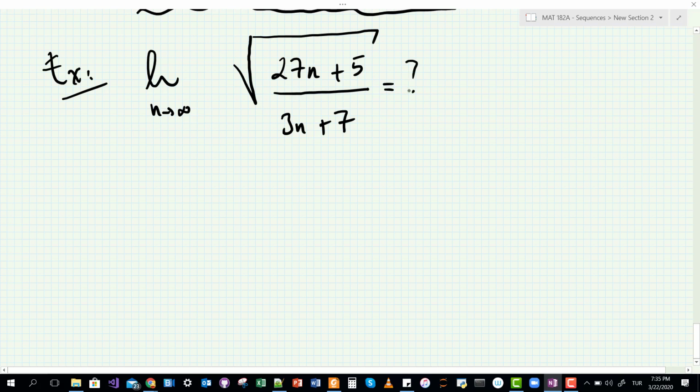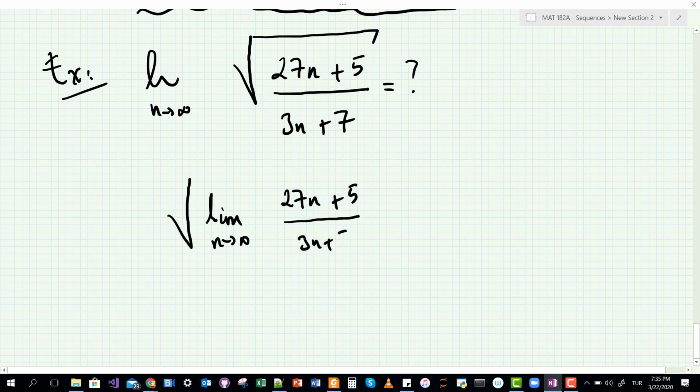So that's my sequence limit problem. As you see, since I have the square root here, I cannot take the limit directly. What I should do first, as in the theorem, is switch the limit by a function. Look at that, I can put the limit inside: square root of the limit of (27n plus 5) over (3n plus 7).